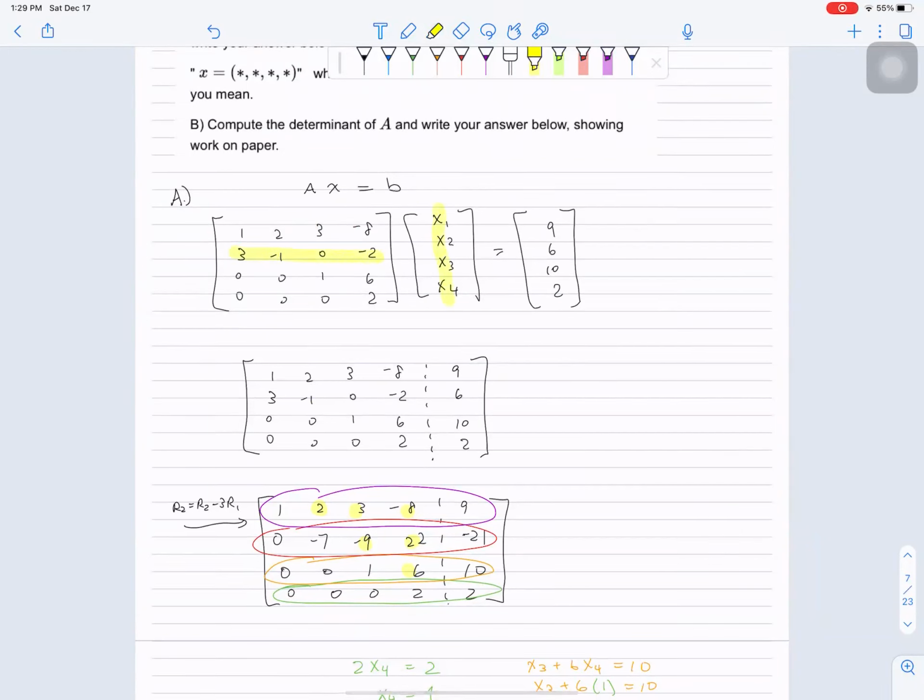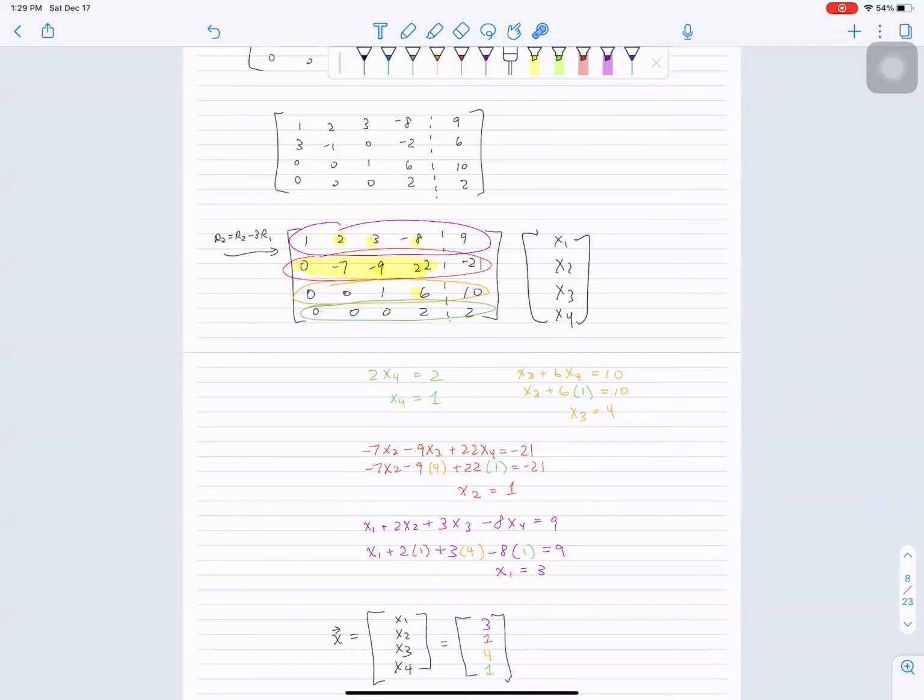Sorry, because I row reduced up to this line, this line times x1, x2, x3, x4. So you can think about we have 0x1 minus 7x2. That's where this comes in. Minus 9x3 plus 22x4.